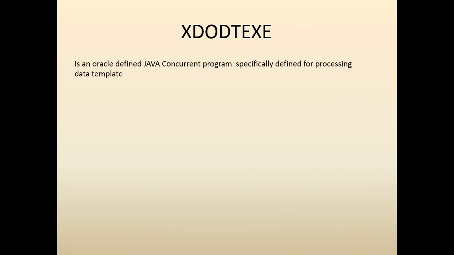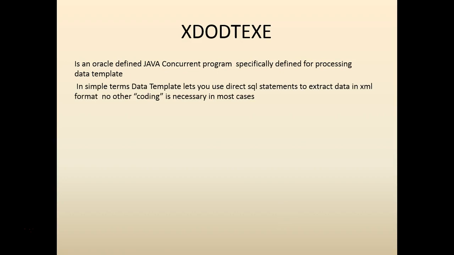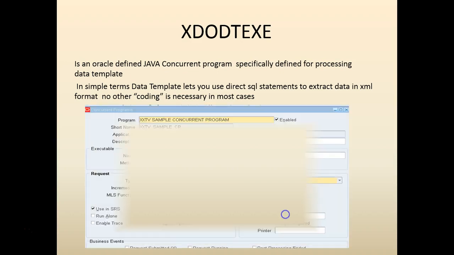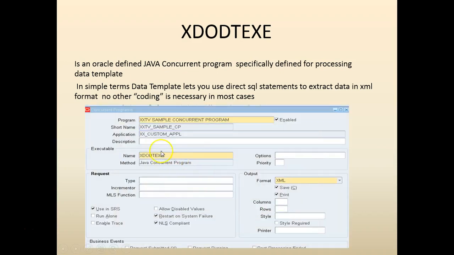What is XDOTEXE? XDOTEXE is a Java concurrent program. It's primarily used for data templates. In simple terms, a data template allows you to enter SQL statements to extract the data in XML format with minimal coding.